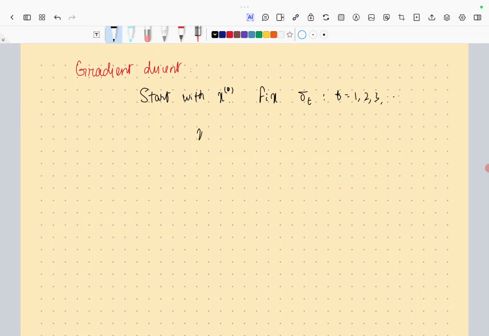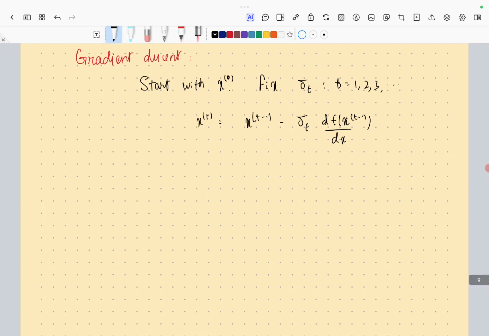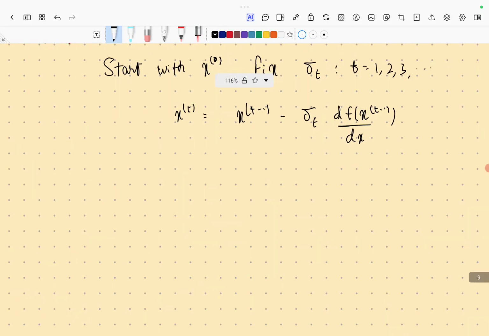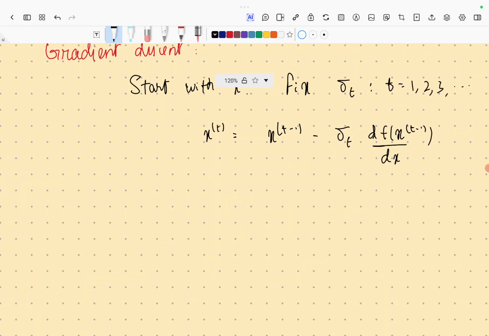And you iteratively run the following: x of t is equal to x of t minus 1 minus delta t times df of x of t minus 1 by dx. Right, that's the standard gradient descent, and you keep running this until convergence.